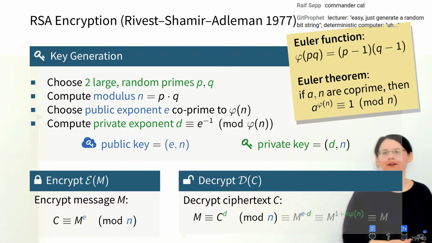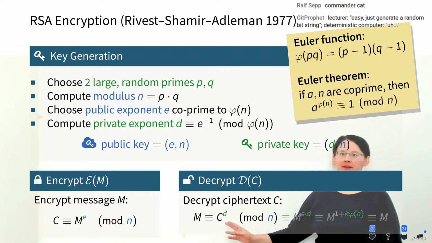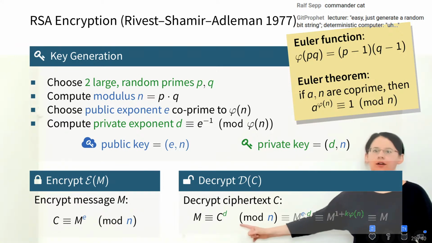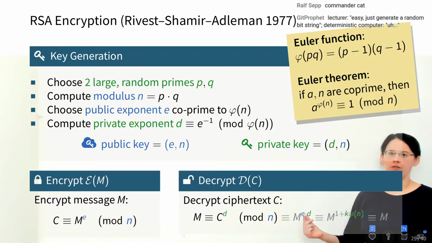Because look at the expression we have here. Ciphertext to the power of the secret exponent. If you remember how the ciphertext was defined, it was m to the power of e. So in total, if you expand this, you get m to the power of e times d by the same exponentiation rules we saw before.